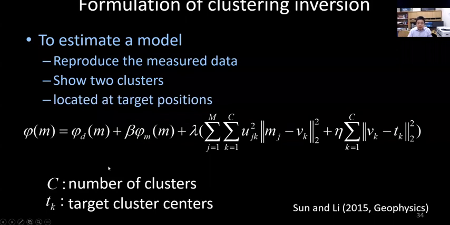Here is a quick summary. The superscript C is the number of clusters that we expect to see among our inverted values, and T_k is our target cluster centers, or the a priori average physical parameter values for each geological unit.